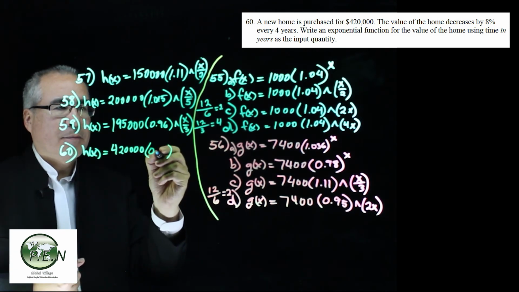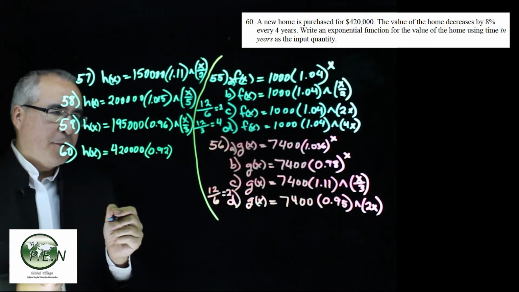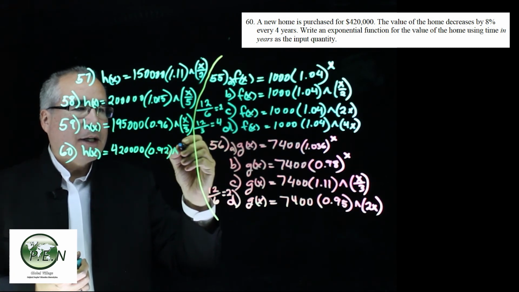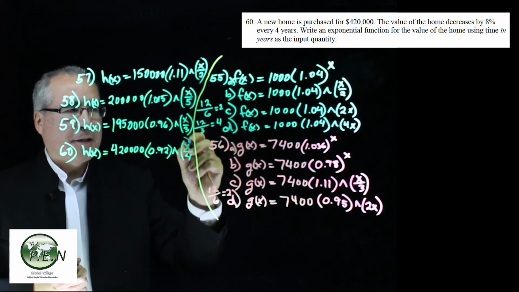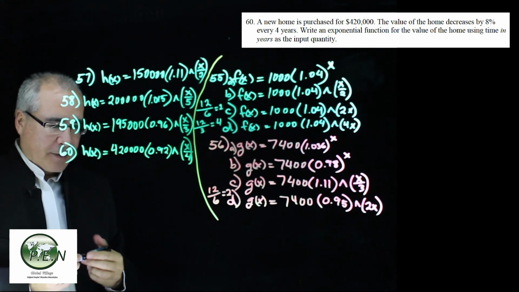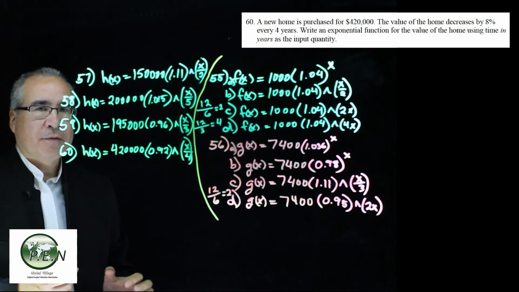Okay, 0.92. And it's happening every 4 years. That's at least some good news. So our exponent is x divided by, you got it, 4. So every 4 years we lose the 8%. And that's exponential functions.